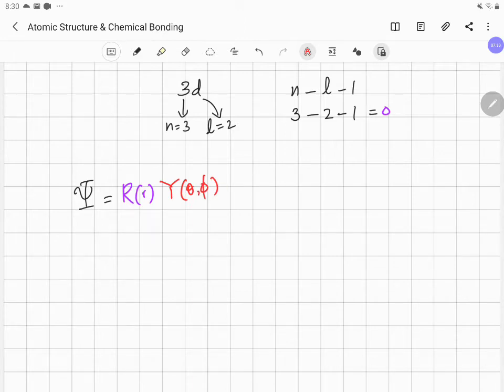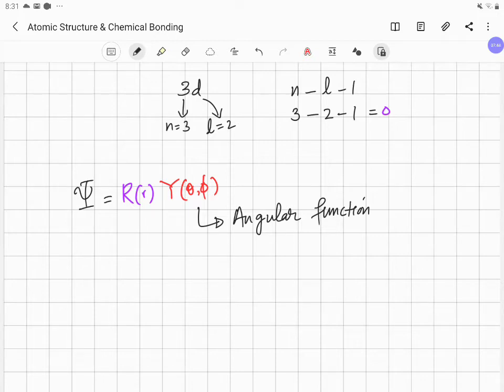That is the angular plot, the angular wave function. If we plot the angular function, which depends upon two angular variables, theta and phi, we will get the shape of the orbital. We know that the 1s atomic orbital is spherically symmetrical and hence independent of theta and phi.